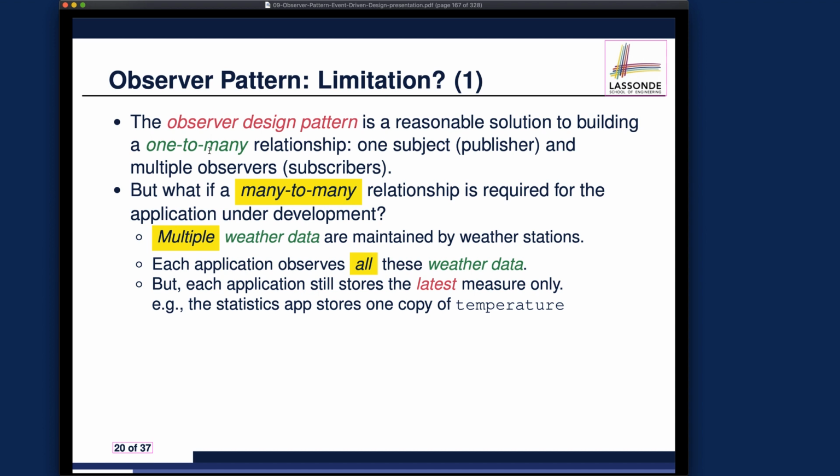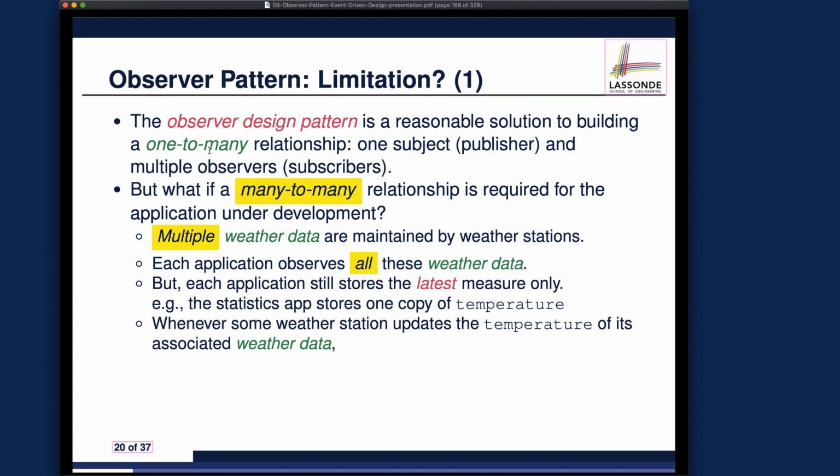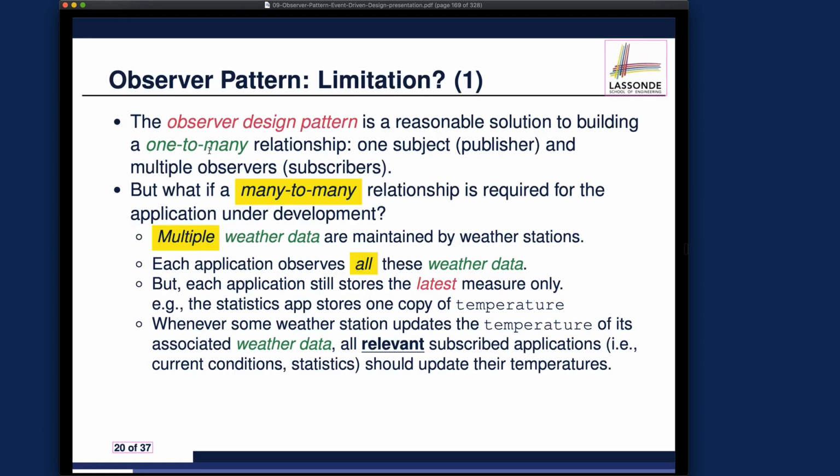Even though you're observing multiple weather data subjects, you still want to make sure you always keep your data up to date. How can you do that, really? Whenever some weather station updates the temperature, for example, you want to make sure all the relevant subscribed applications, all the observers, update their temperature.